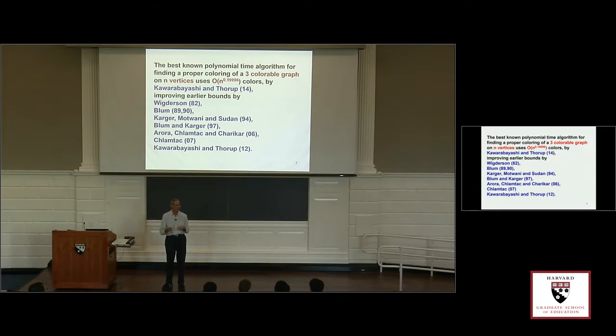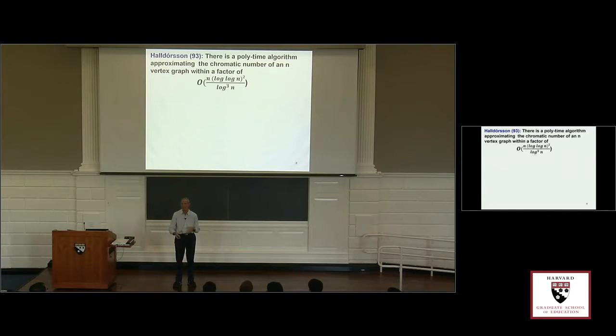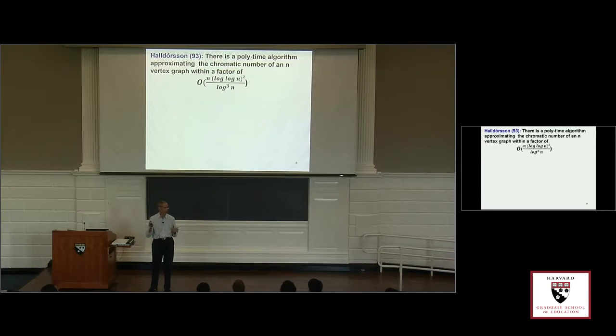Now the situation is even more pathetic if we don't look at 3-colorable graphs, but we look at general graphs, and we ask how well can we approximate the chromatic number. So there is a general result by Halldórsson, and it says that there is a polynomial time algorithm that approximates the chromatic number of an n-vertex graph within a factor of roughly n over log cube n, so up to some log factors.